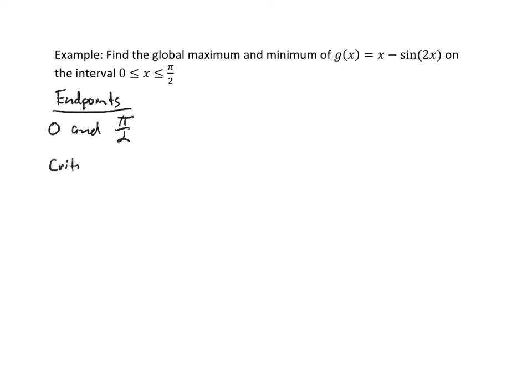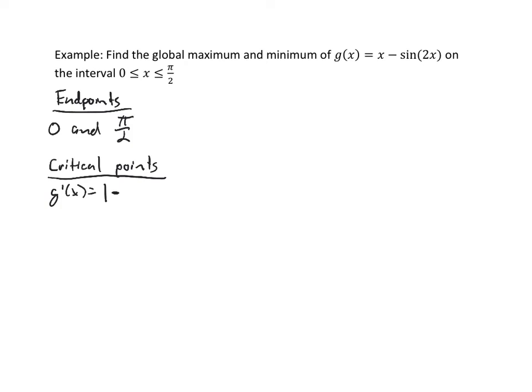Then we need to find our critical points. Critical points occur where the derivative is 0 or undefined. So if I find the derivative of g of x equals x minus sine of 2x, the derivative would be g prime of x equals, well, the derivative of x is just 1, minus the derivative of sine of 2x.